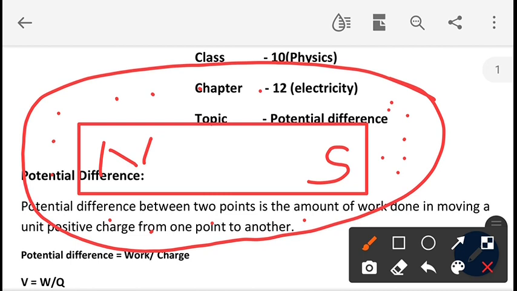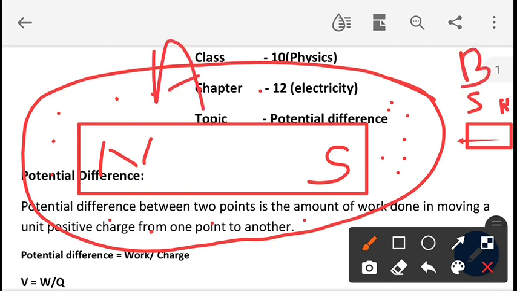If you try to bring any other magnet in this direction, and suppose the polarity is such that this is south and this is north, then you have to do some work, because this magnet A and this magnet P will repel each other. To overcome this repulsion, you have to do some work.